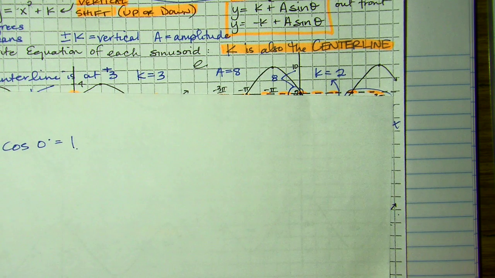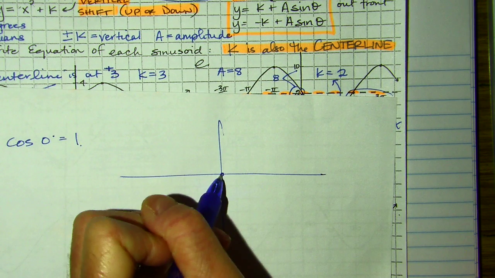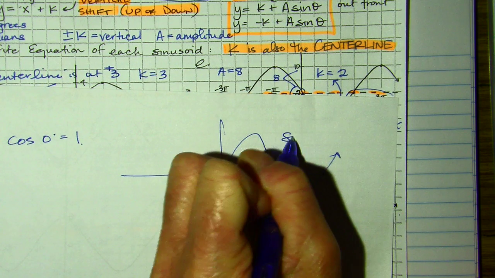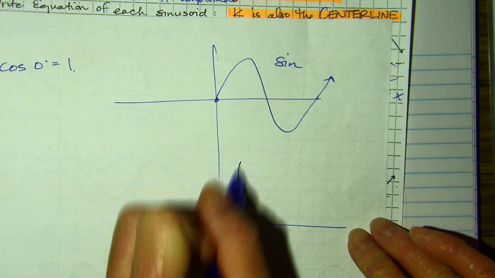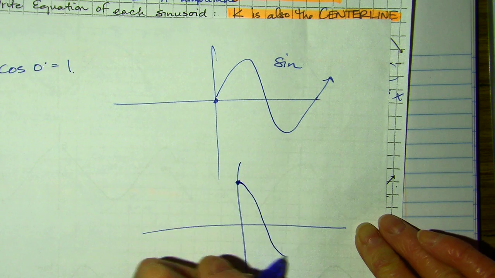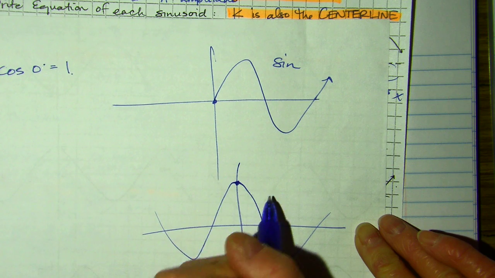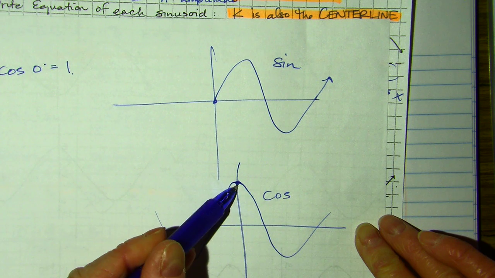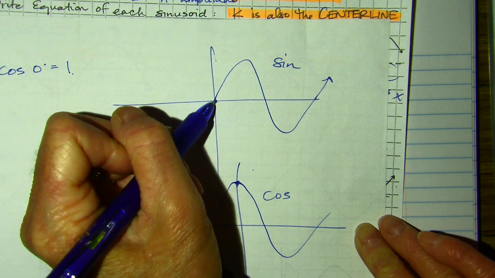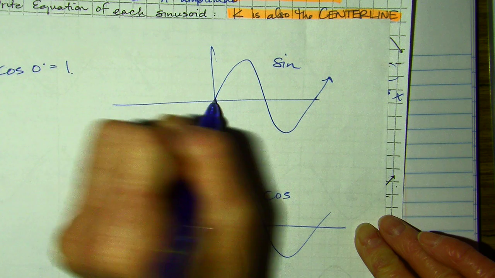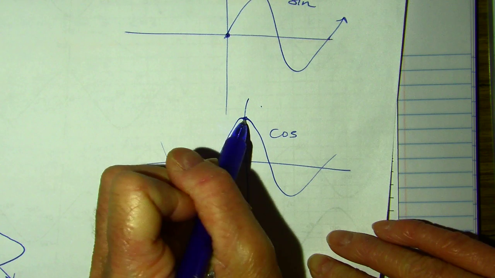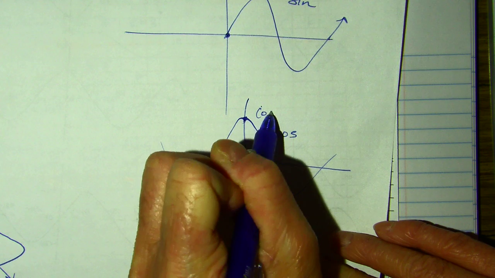The parent sine function should start at the origin and go up. That's the sine function. Your cosine function, the peak, this is cosine. The peak is on my y-axis. In a sine function, I should have the middle at 0, 0. Here, the middle of my peak is at 0, 1.